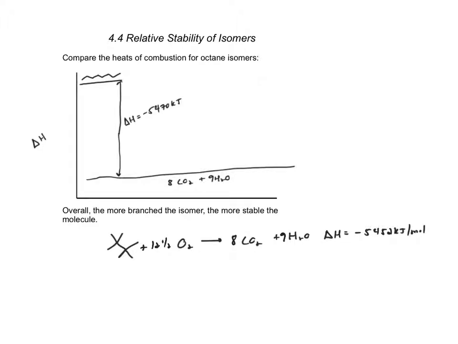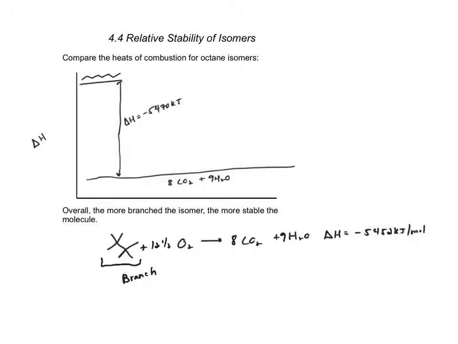Also, compared to this guy, what is this relative to that? That's what I would call a straight chain isomer, right? This guy comparatively is a much more branched isomer, right? So there are a lot of branches in here. It kind of looks like 2 tert-butyl groups put together, okay?